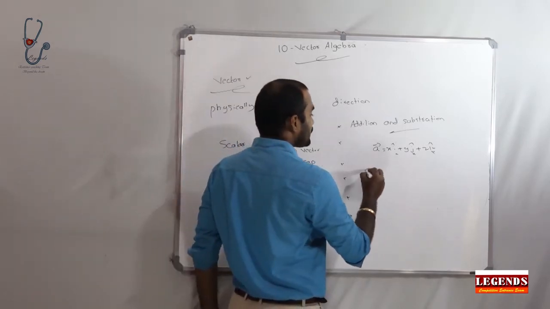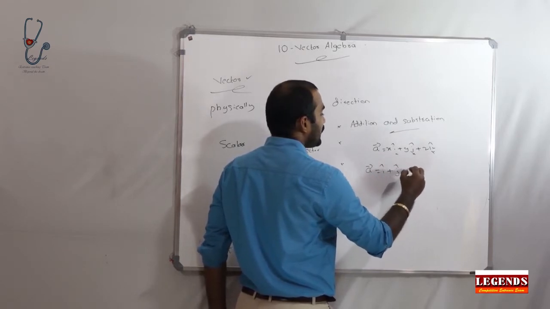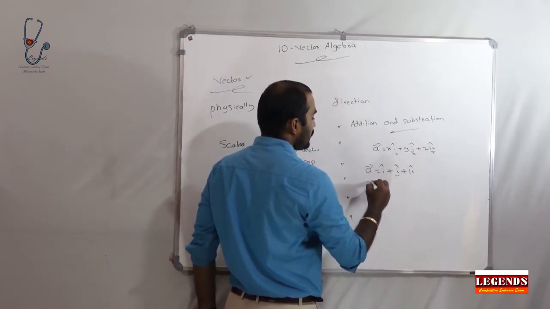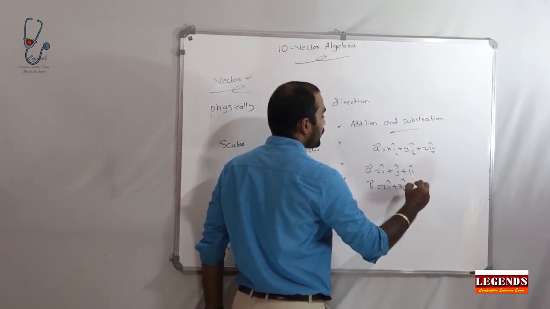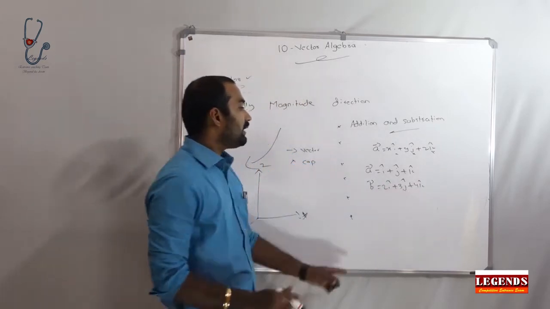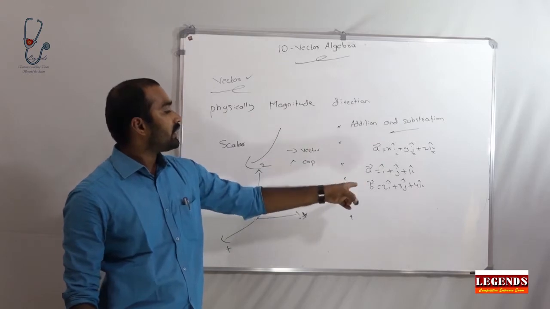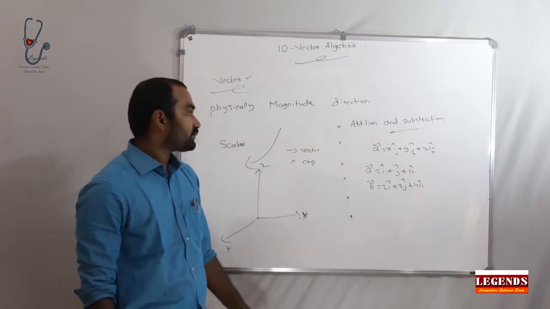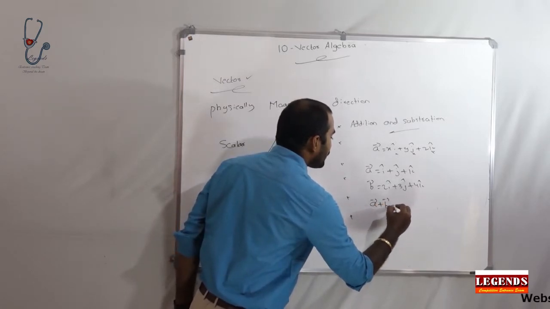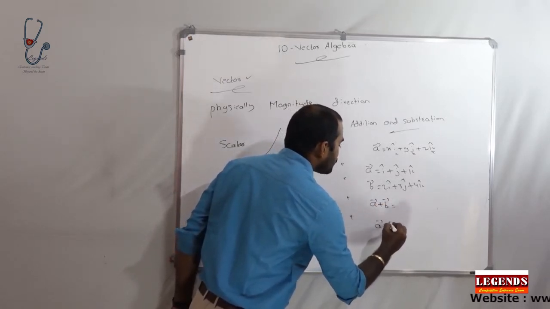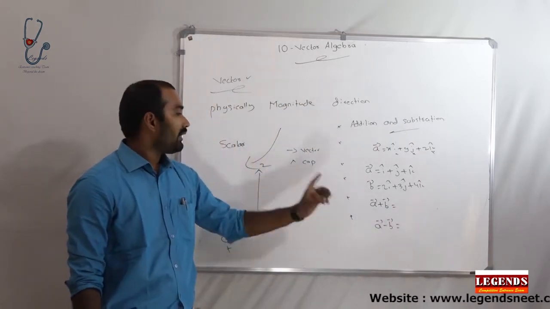For example, a vector is equal to i plus j plus k, and b vector is equal to 2i plus 3j plus 4k. I am going to find the values of a vector plus b vector and a vector minus b vector.